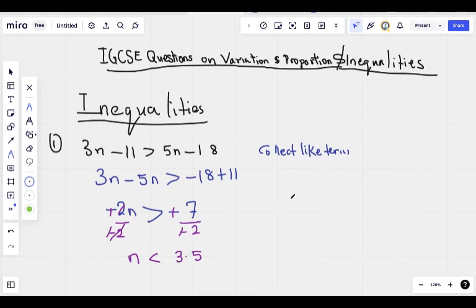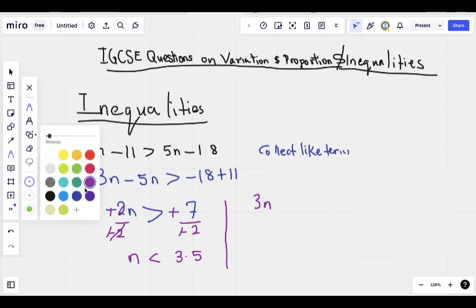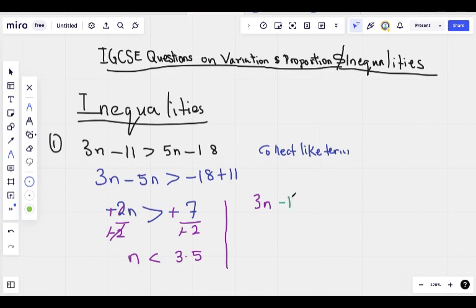If you want to see how that plays out, we can do it in another way. Let's change the color. Let's take green. 3n minus 11 is greater than 5n minus 18.